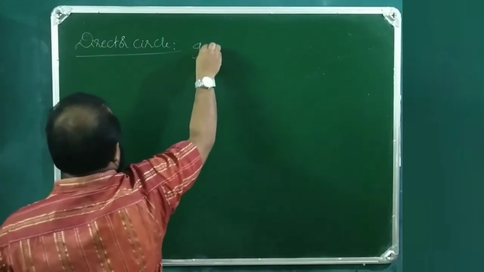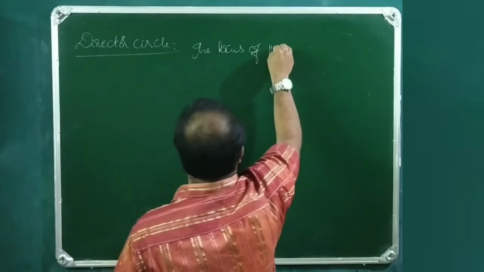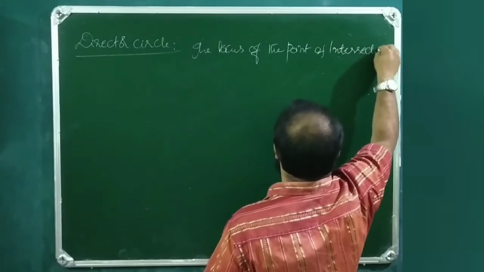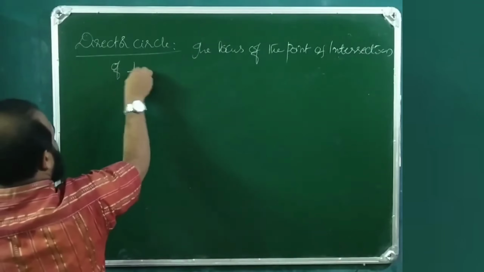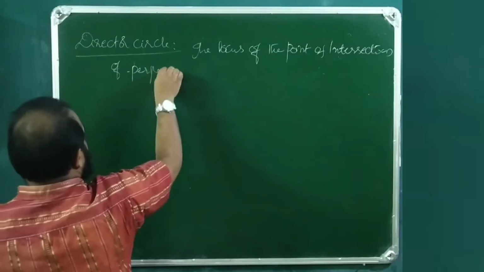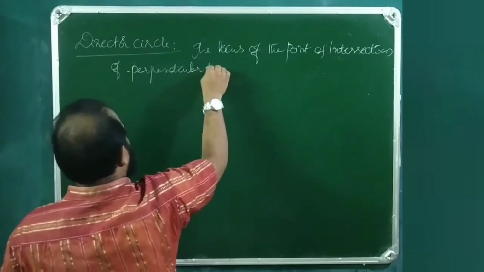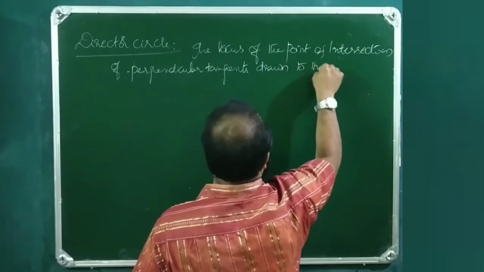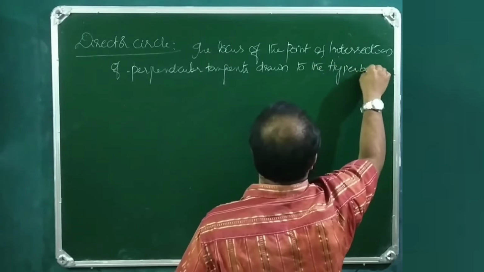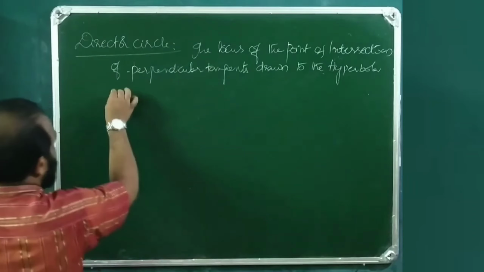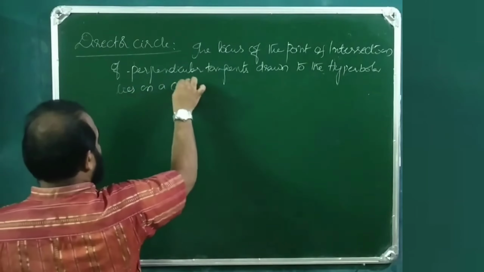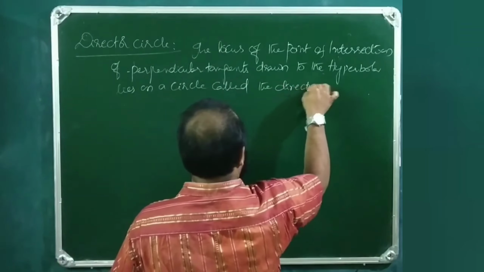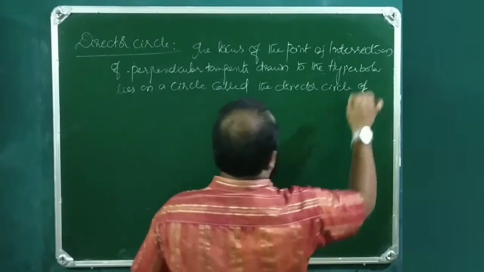It says the locus of the point of intersection of perpendicular tangents drawn to the hyperbola lies on a circle called the director circle of the hyperbola.